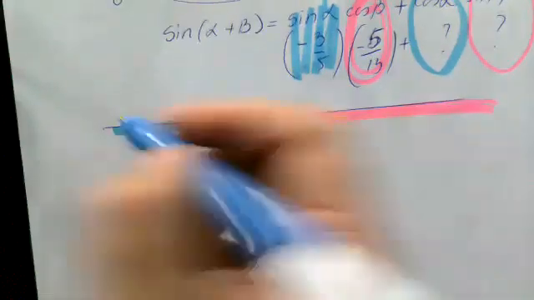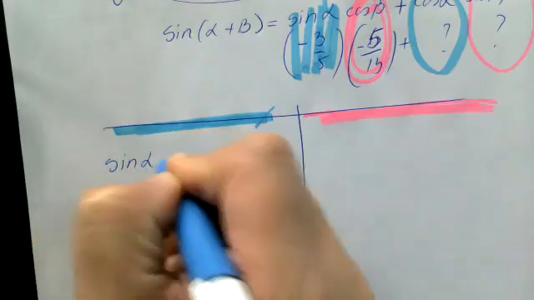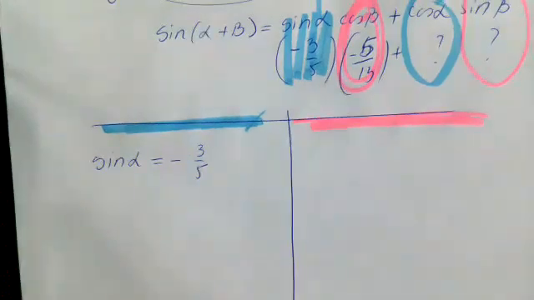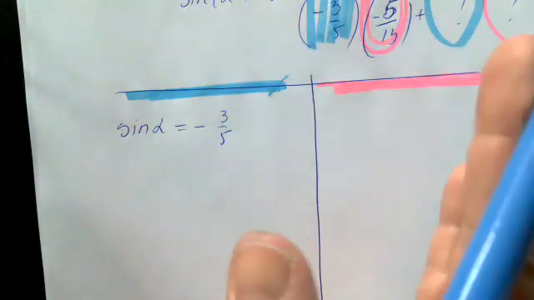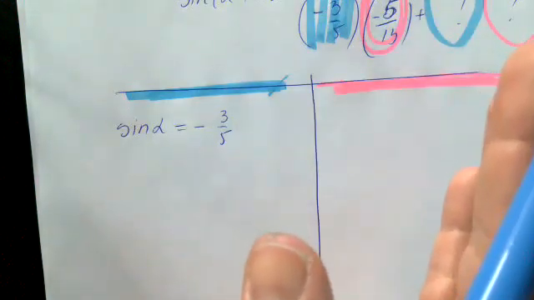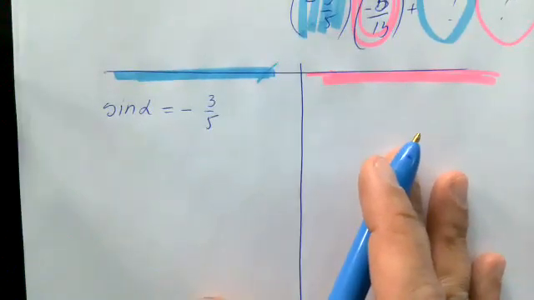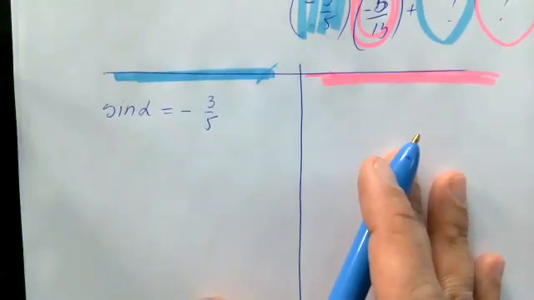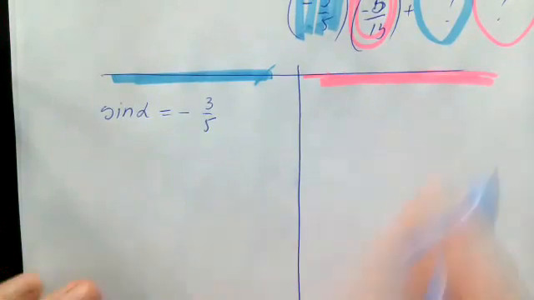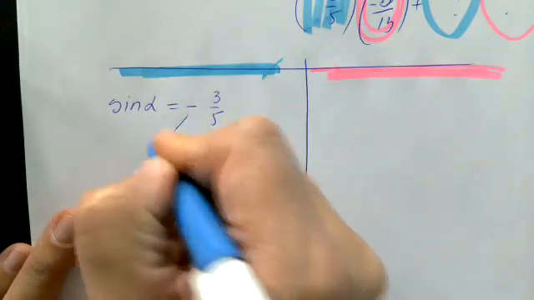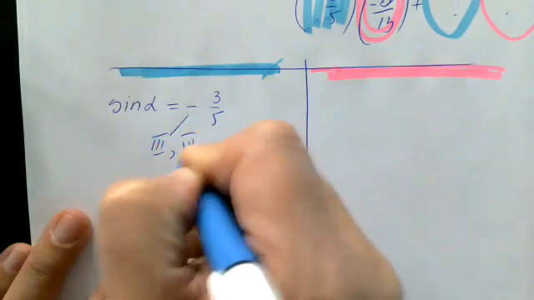So you say sine of alpha is -3/5. Again, this is exactly the same thing because we're not using different givens. But it's okay to be the same thing because it's going to help you cement that flow of writing. So sine values are negative in quadrant 3 and quadrant 4.